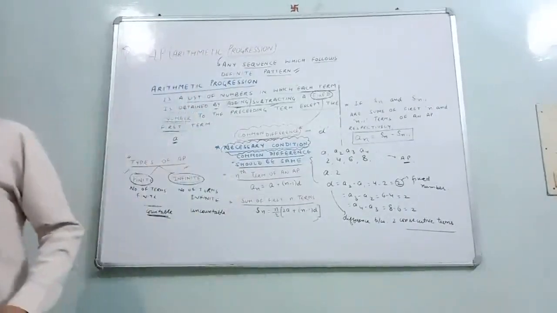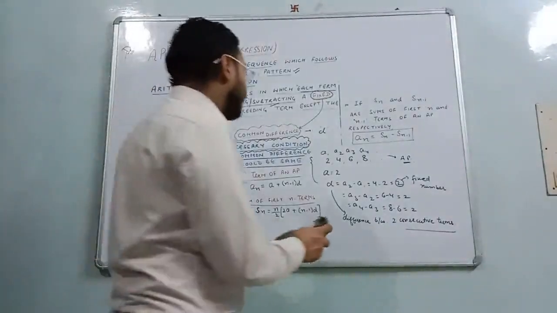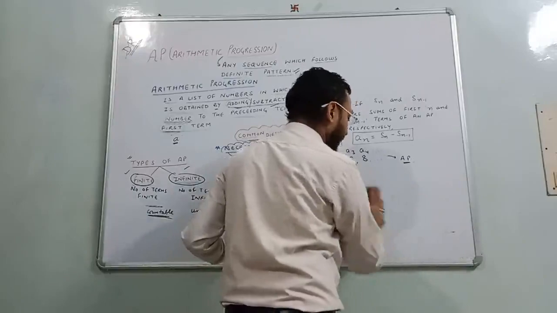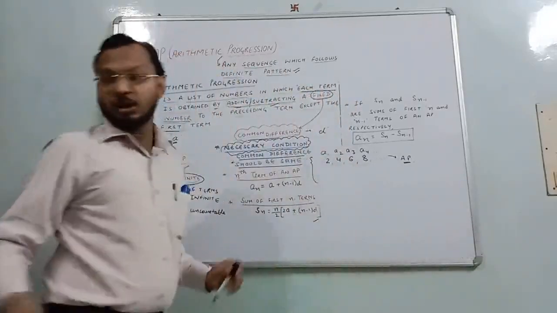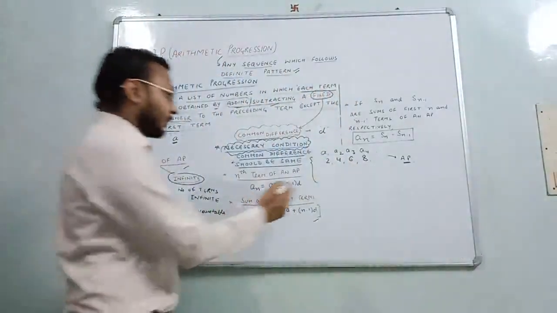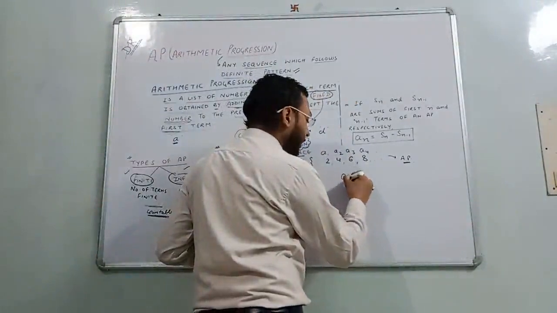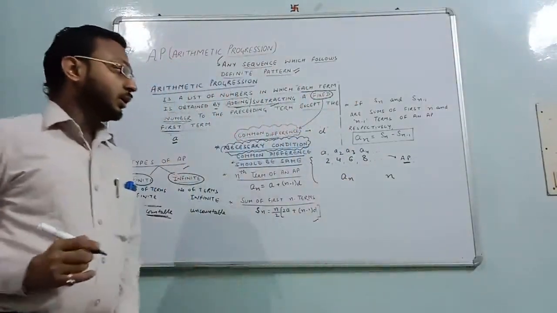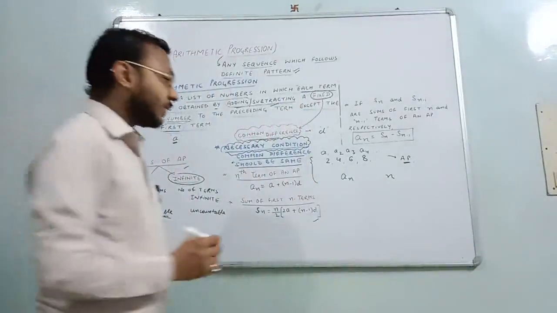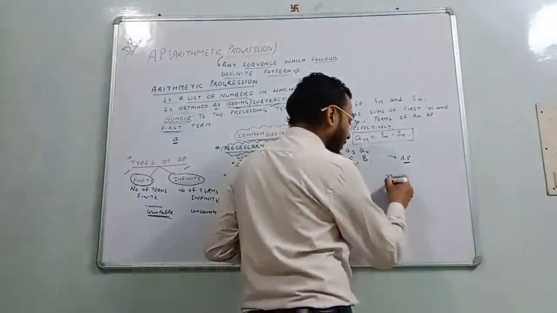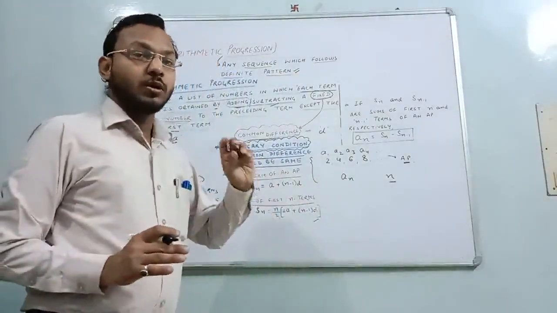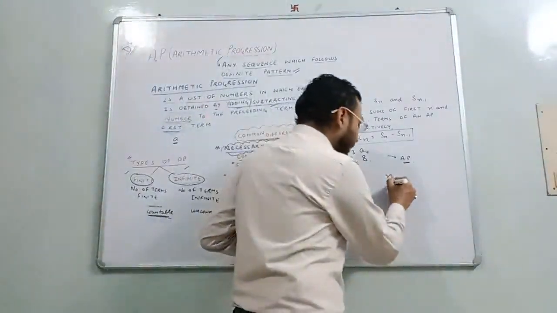Now we move on to the difference between n and an. What does it mean? Here one term is an and one term is n. Before going to read an, we need to look at n.